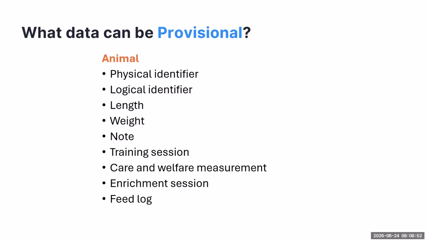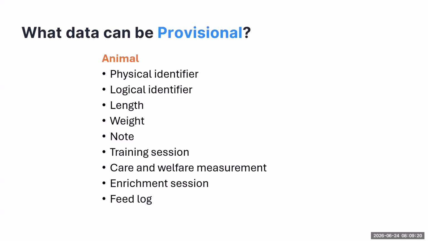So things like weights, husbandry notes, feeding logs. Any records that were too complex to implement provisionally or too critical to get wrong, like transactions, are just not available to be added provisionally. If there's any record types that you think should be provisional, we're always open to feedback as well.